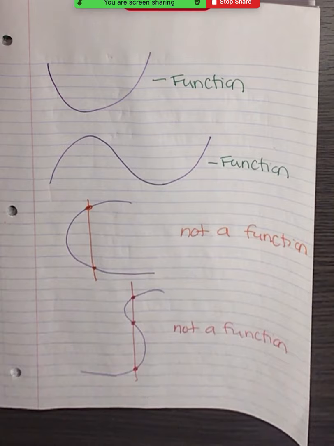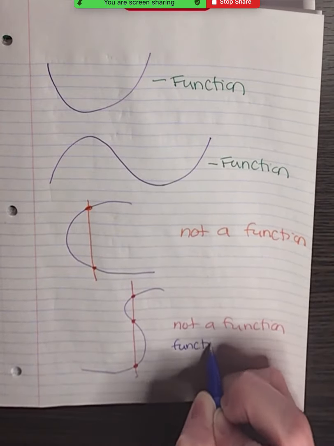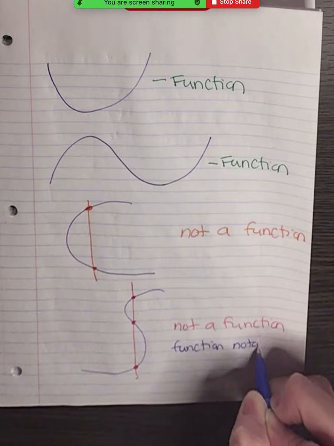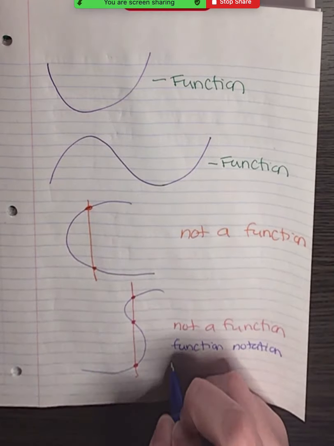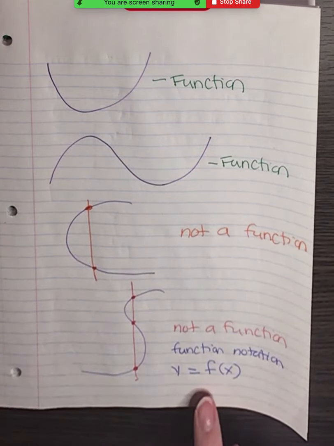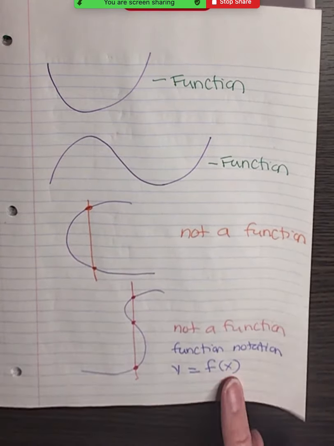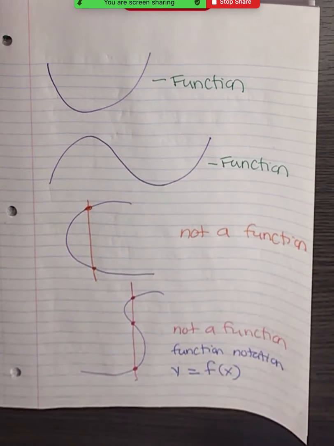When you have a function and you want to write an equation in function notation, replace your y with this. It looks like f open parentheses x close parentheses. You can read this two different ways.